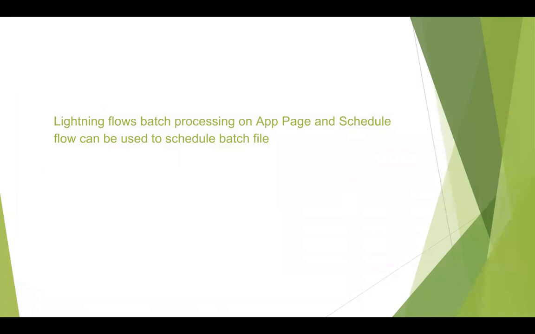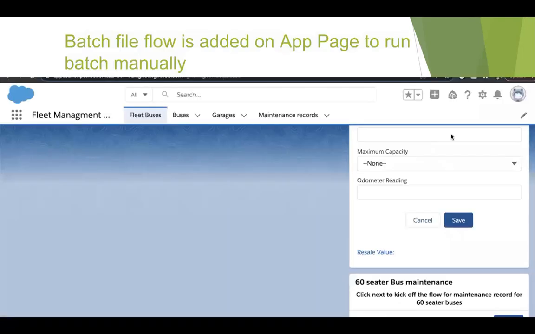Okay, and we have created two types of flows to do the batch processing. One is to submit the batch one time to create the maintenance records, and another is to schedule it on a nightly basis as per the requirement. This is one flow I have added in the Lightning page to kick off the batch file.